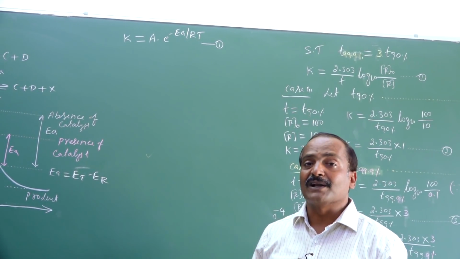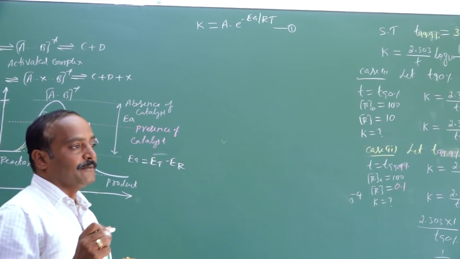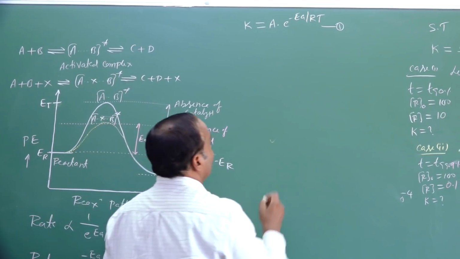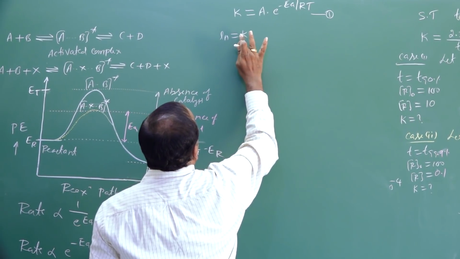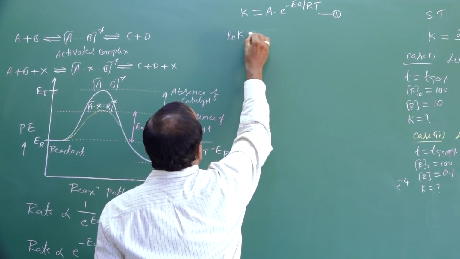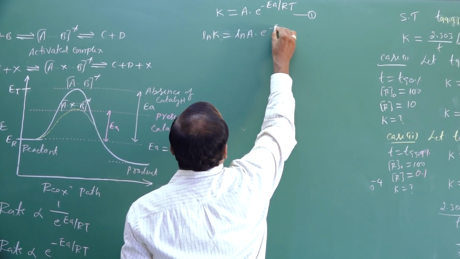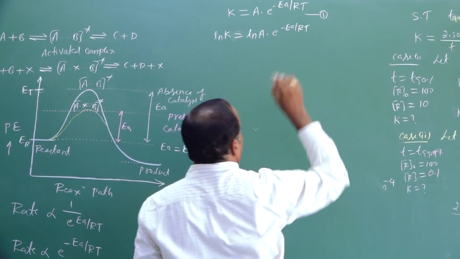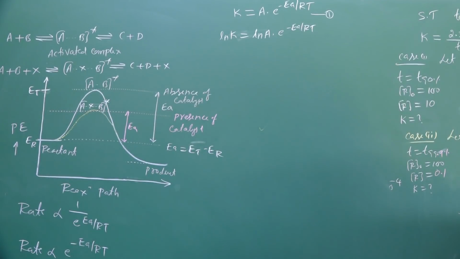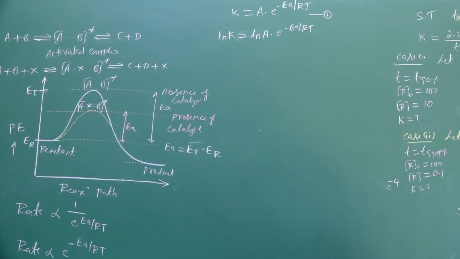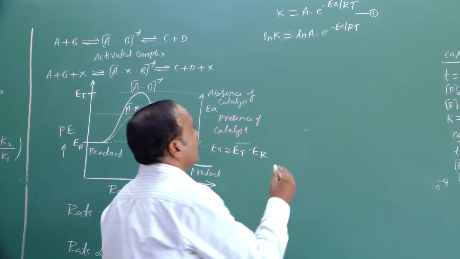Next, the mathematical form of the Arrhenius equation. Taking ln on both sides, ln K is equal to ln of A into e to the power of minus Ea by RT.